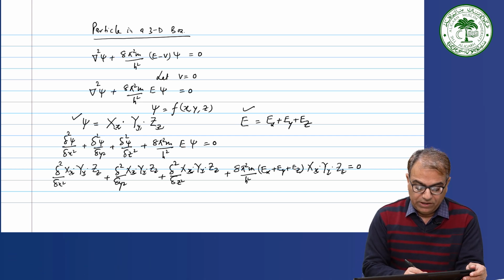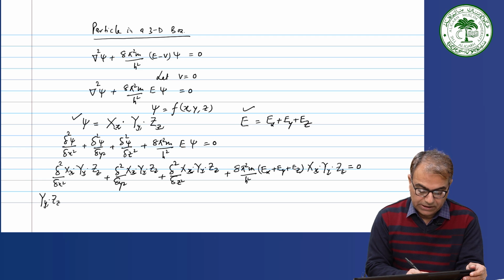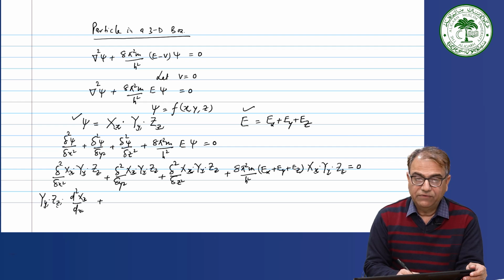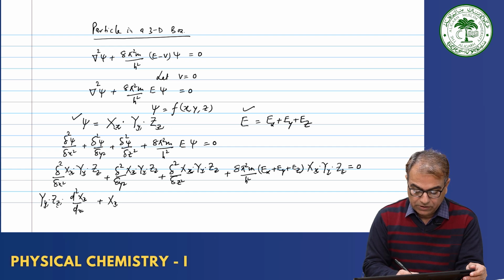Now you are differentiating with respect to x, so the Y part and Z part will be constant. So you can bring these outside, Y and Z, and now you can write d square X by dx square plus, again here you are differentiating with respect to y, so the X and Z parts will be constant and you can bring them outside, and then you can write d square Y by dy square.